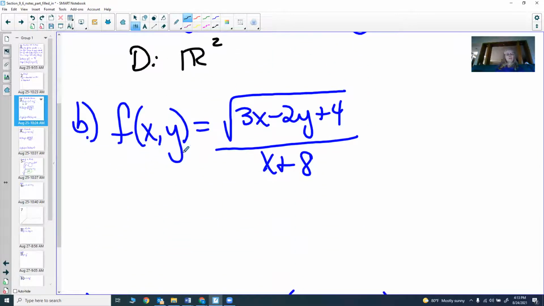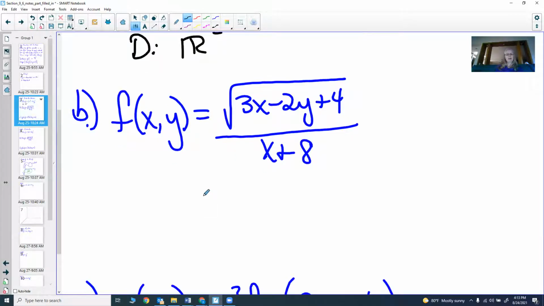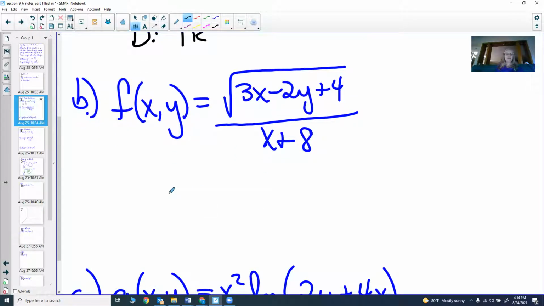In the next example, f of x, y equals the square root of 3x minus 2y plus 4, over x plus 8. In this case, there are some restrictions. First off, x cannot be -8 because then you have 0 in the denominator. And also 3x minus 2y plus 4 has to be greater than or equal to 0.